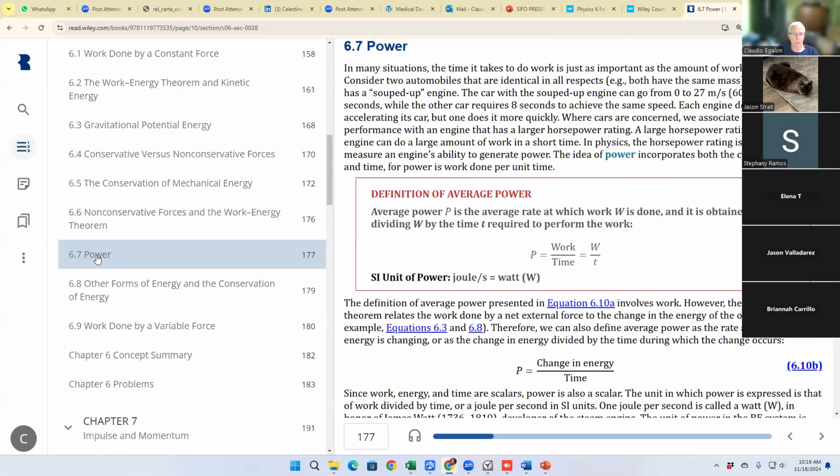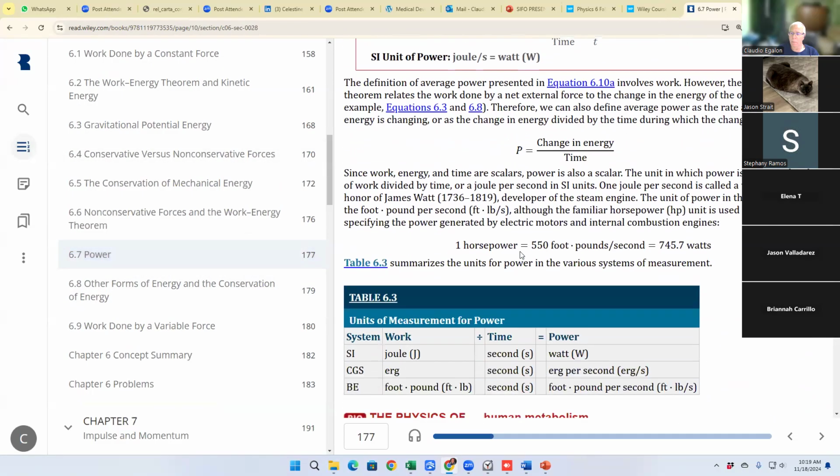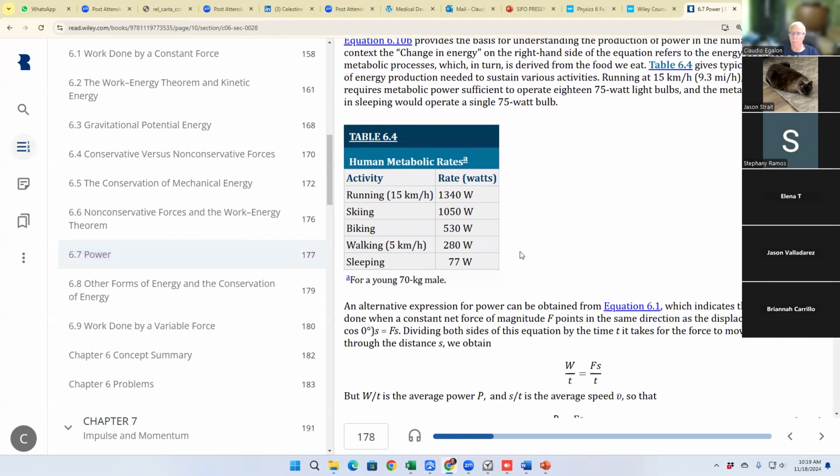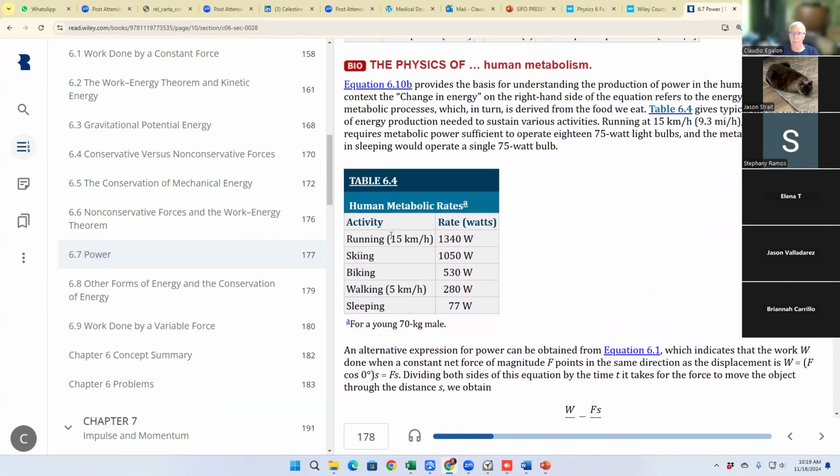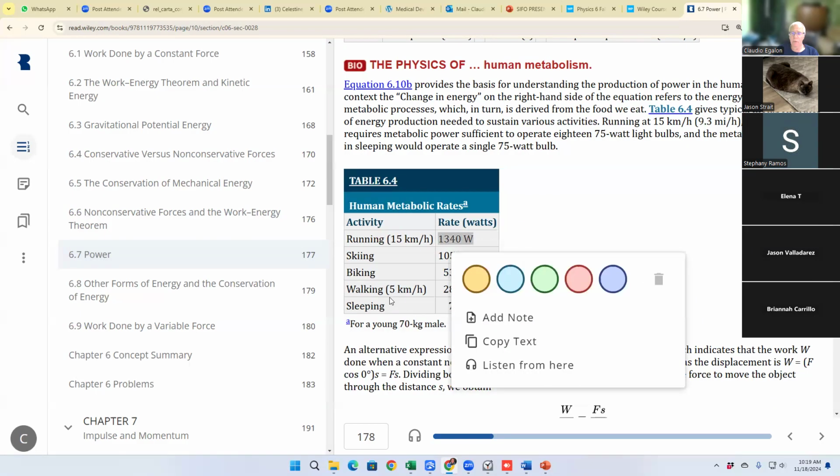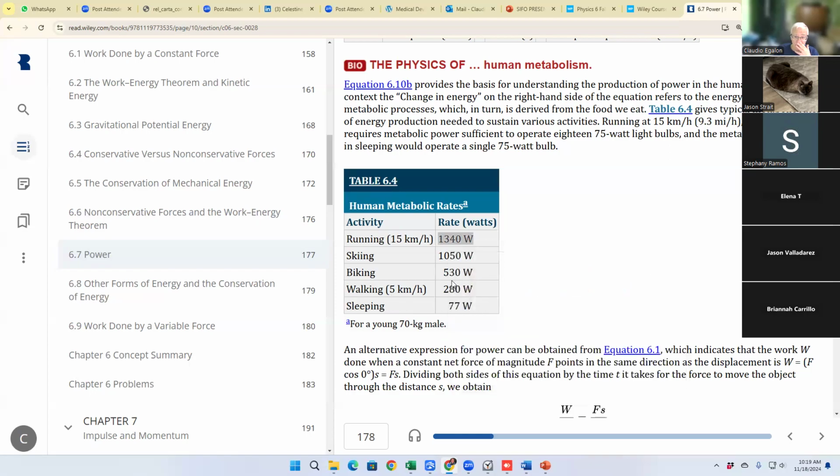Power. Here is the power of a human body. Whenever you're running, the power of the human body is 1340 watts; skiing, biking, walking, and sleeping.